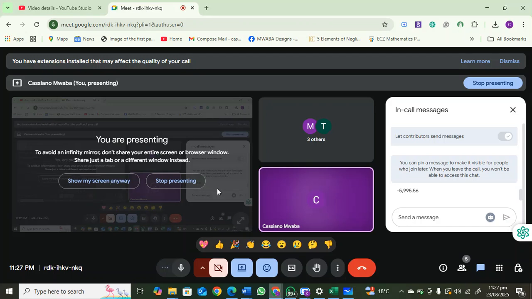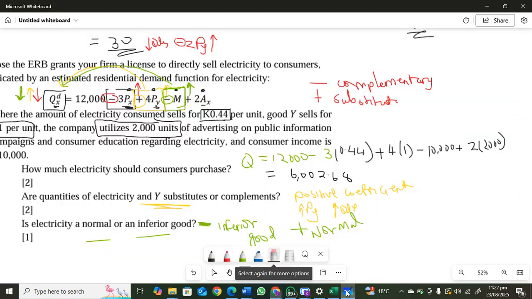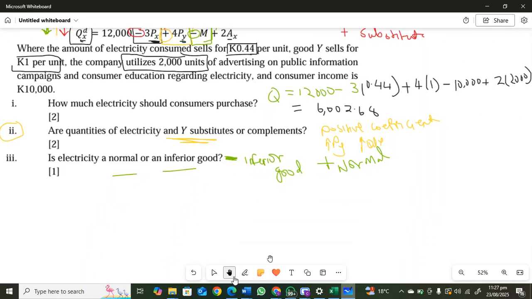So if in this question they ask us to find the own price elasticity of demand, you're told to find how quantity demanded responds to changes in price. That's what elasticity of demand is.